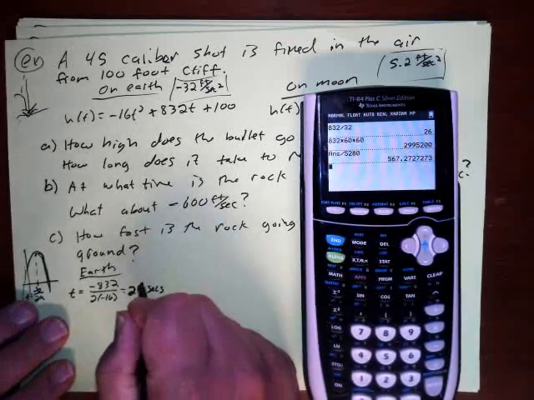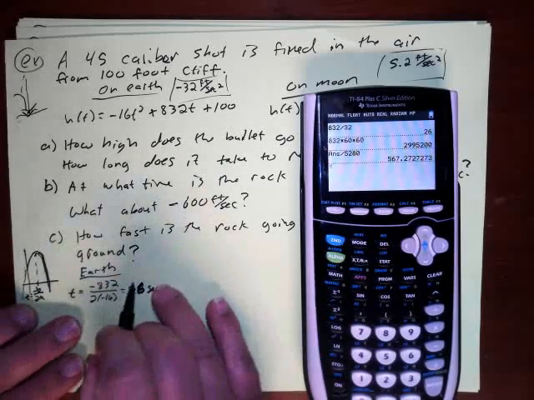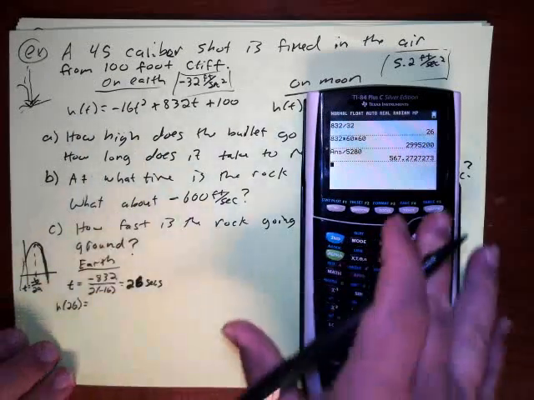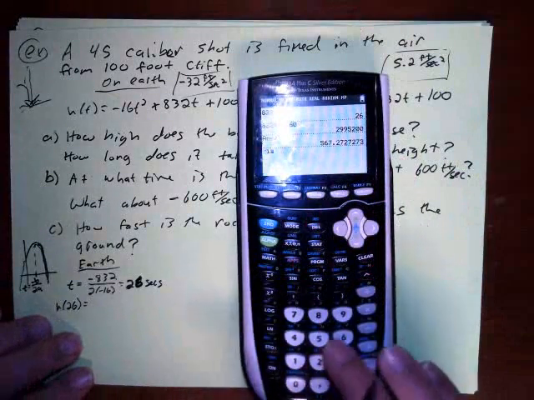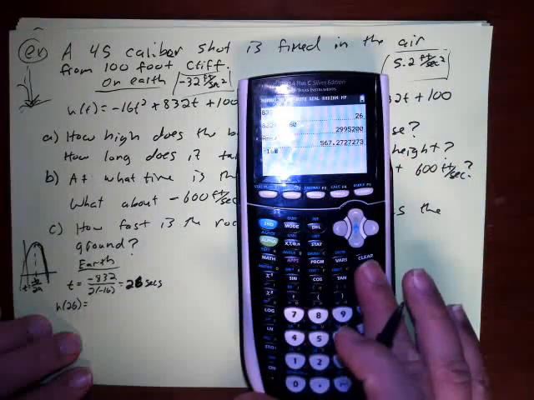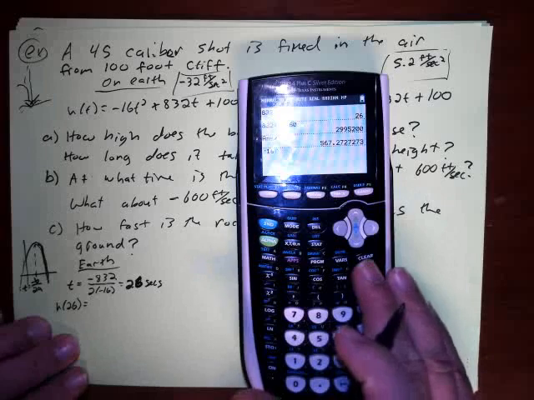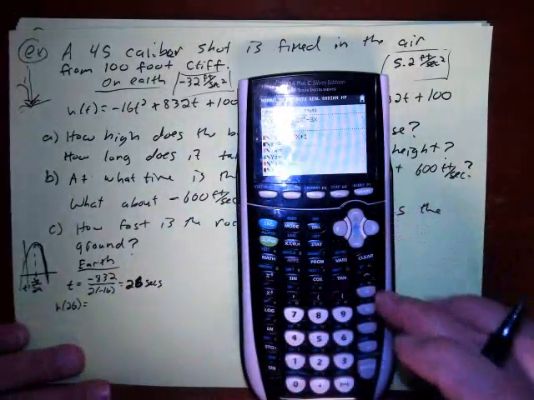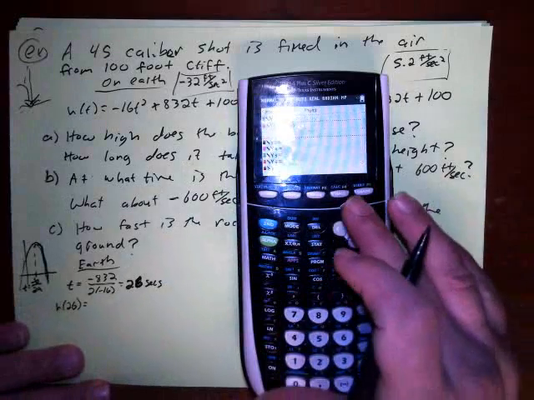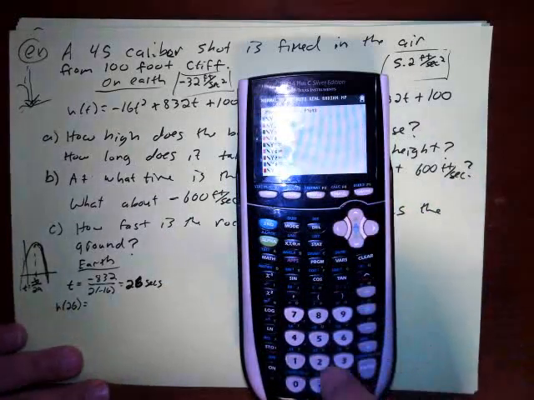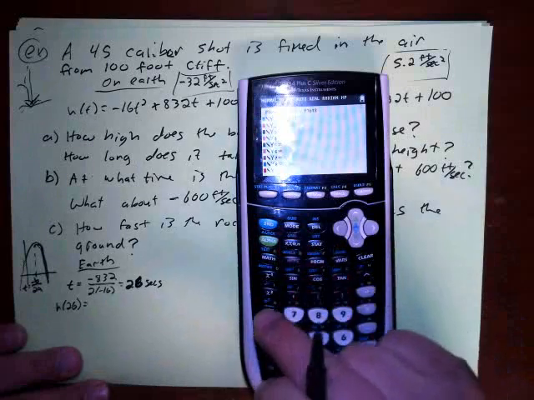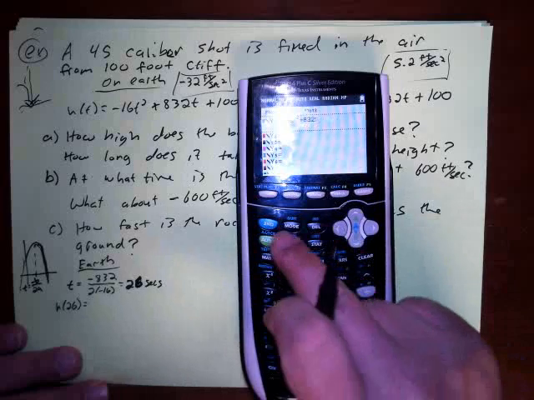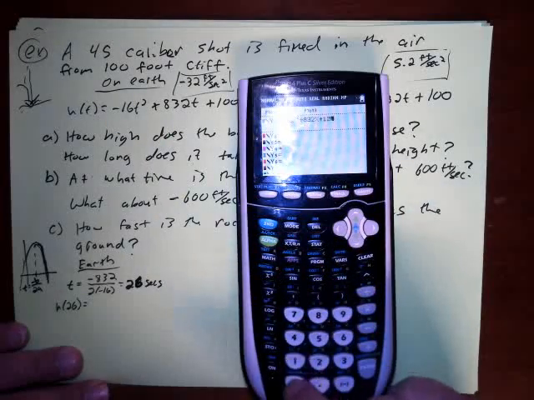So 26 seconds. Now to see how high it goes, I'm just going to do h of 26, right? And it might be helpful to put things in here. So I'm going to do negative 16t squared plus 832t plus 100.